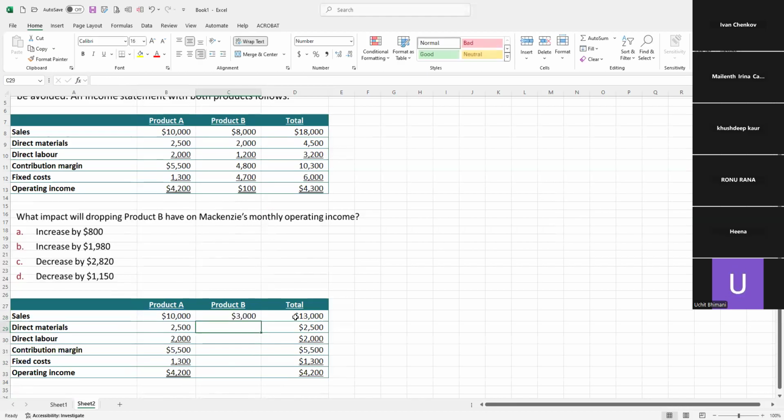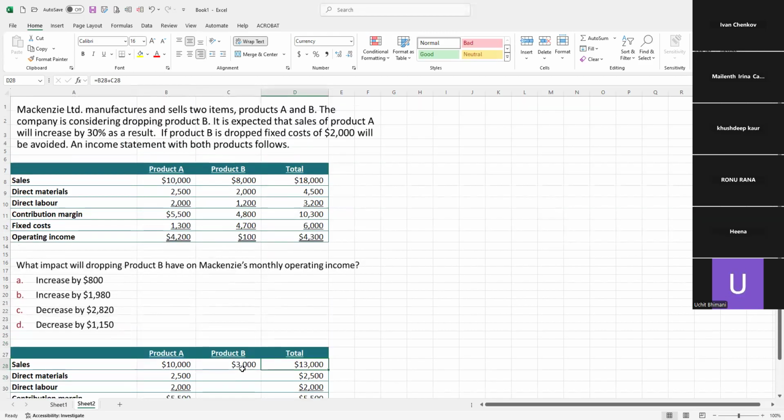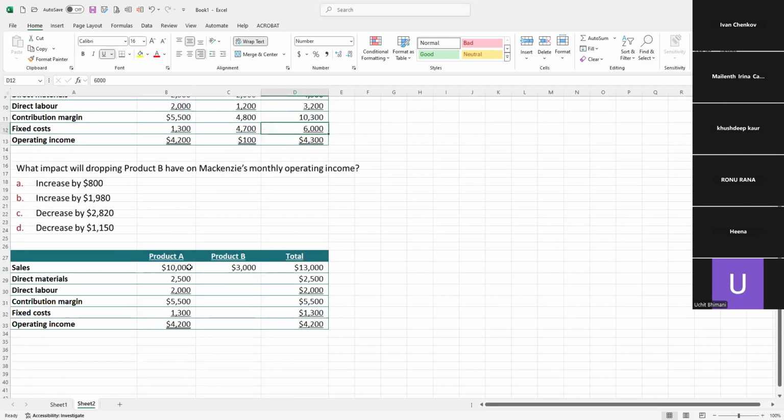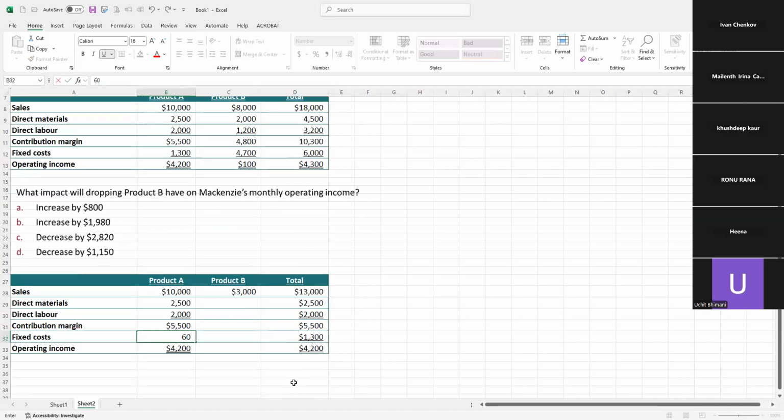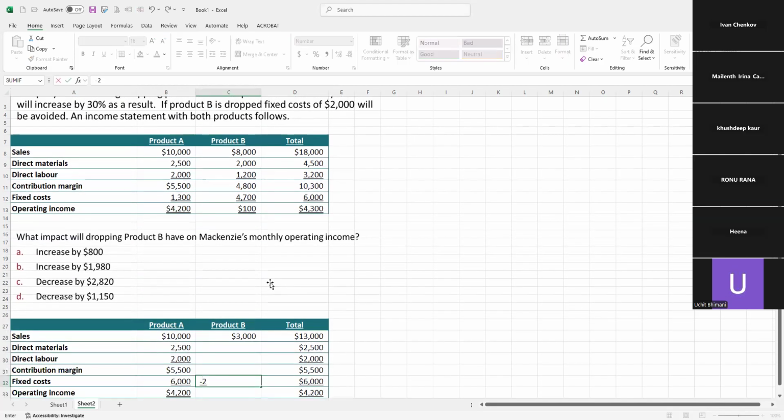So my sales will increase by $3,000. And if product B is dropped, the fixed cost will be avoided, $2,000 of the fixed cost. Currently I'm paying 6,000. So this is not entirely correct because my total fixed cost should be 6,000. But from those 6,000, I can save only 2,000.